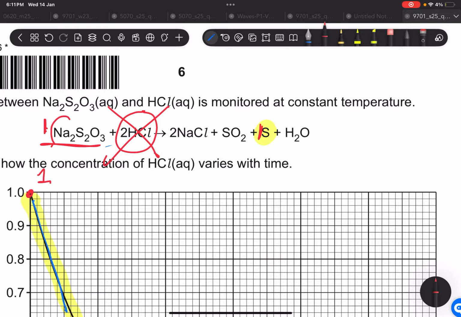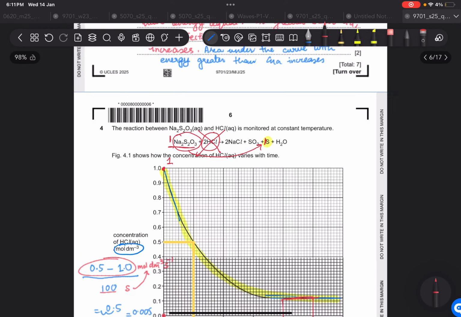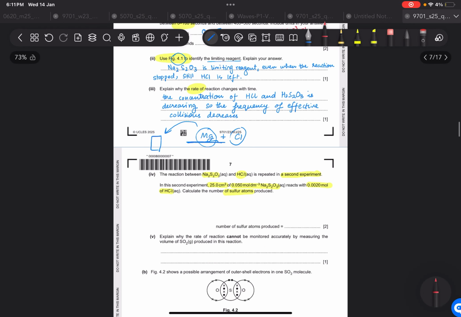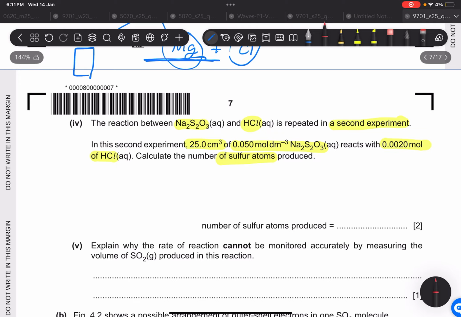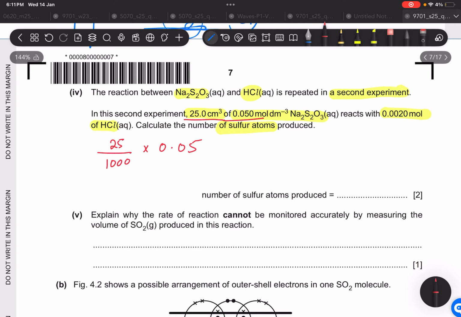So you calculate the moles of Na2S2O3, and then you know the moles of sulfur are going to be the same. So how do we calculate the moles of this? We multiply the volume, which is 25 upon 1000, times 0.05.